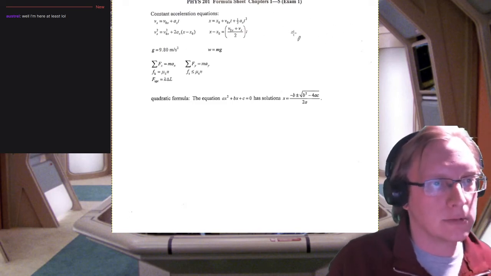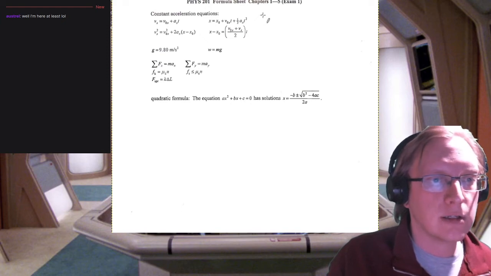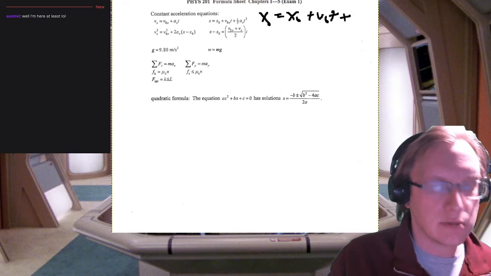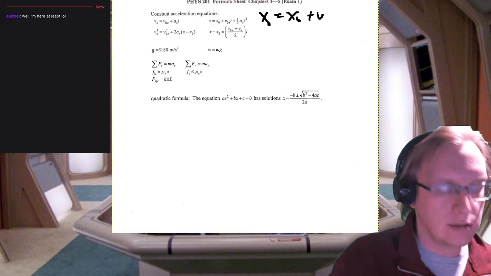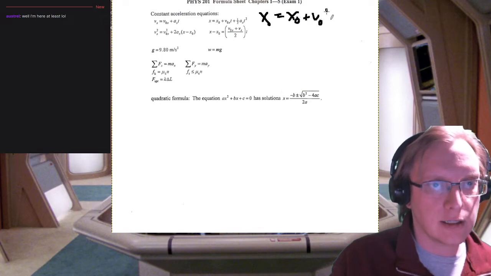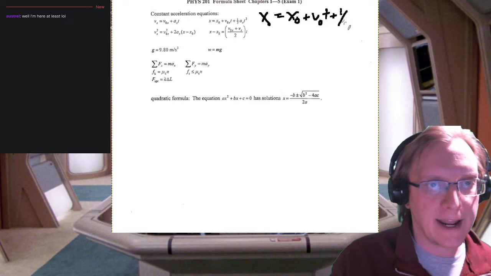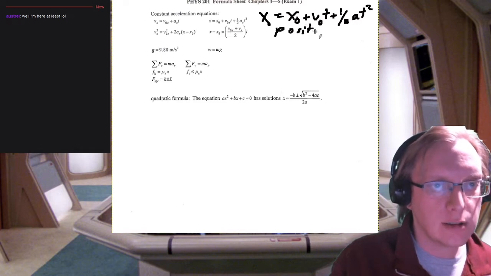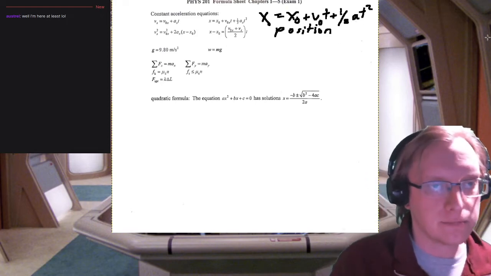All right, so first one I start out with my position, x is equal to x naught plus v naught t plus 1/2 at square. I like to call this the position formula because it gives the position as a function of time.